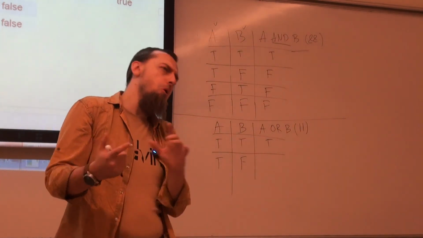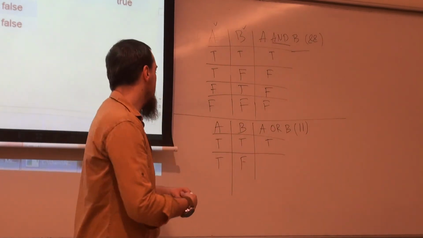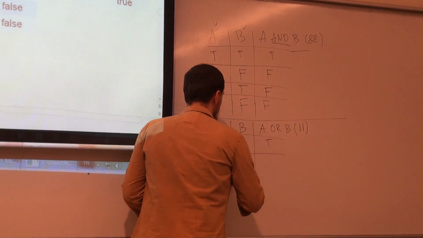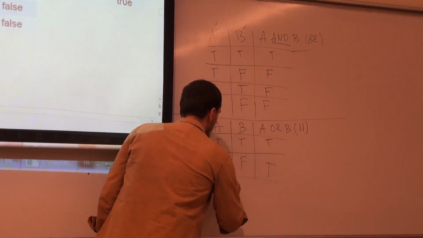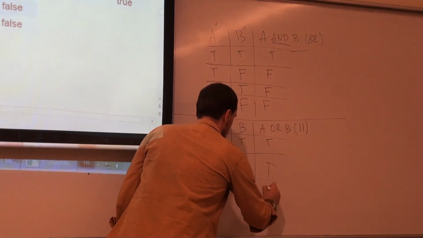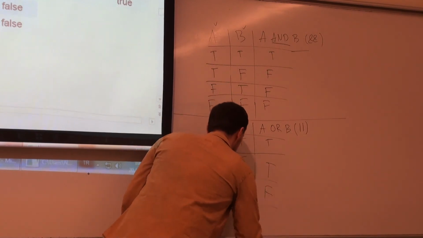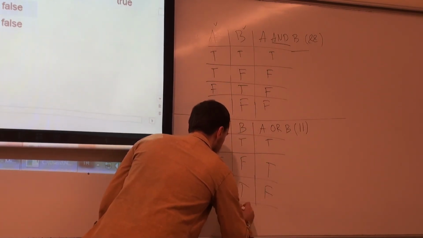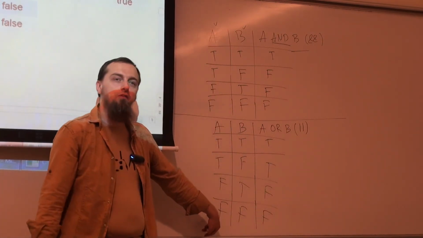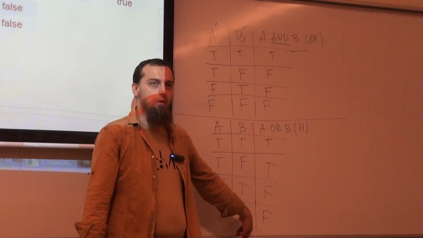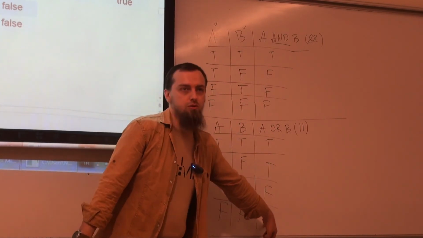If he says juice or Coke, only one of them is sufficient. So true or false is true. The same applies with false or true. It's false. And false or false, what do you think? If I say I'm 5 years old or I'm a female, this is false. Okay.